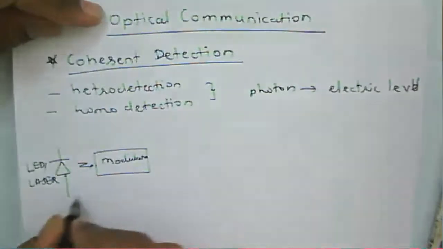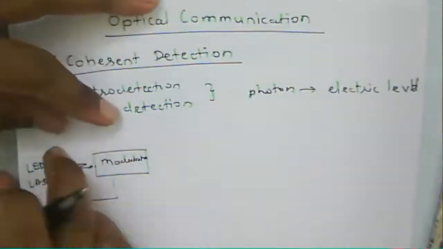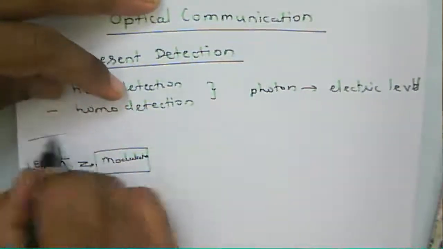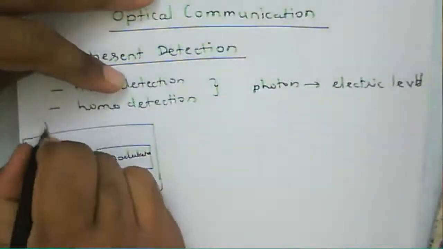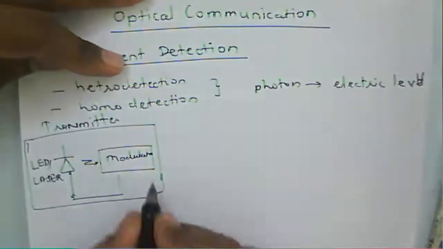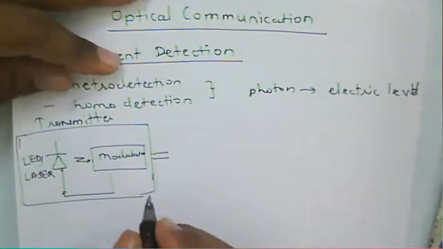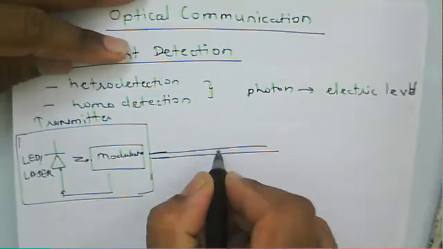Generally, you can say modulator and then source. Just consider it. We have the modulator and the source. These are the blocks of a transmitter, and then light comes out from this transmitter block and propagates through the optical fiber.